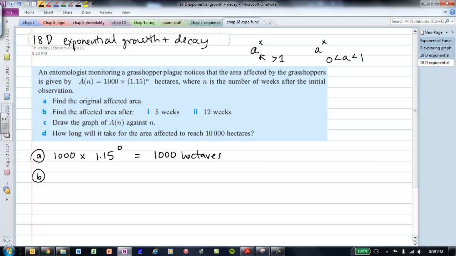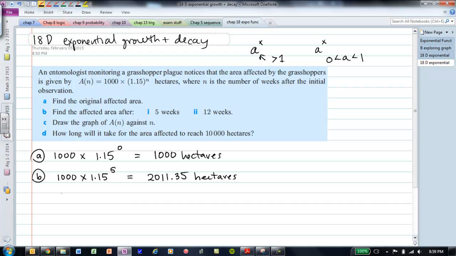Part B. In order to find the affected area after 5 weeks, again we'll use the same equation, 1,000 times 1.15 to the 5th, because that represents the number of weeks equal to 5, and we end up getting 2011.35 hectares.